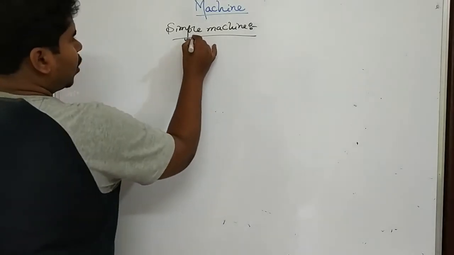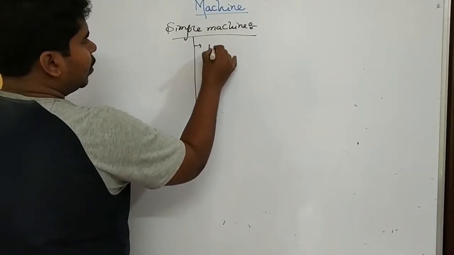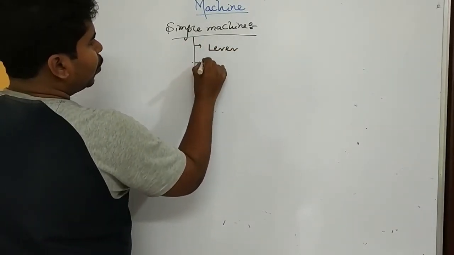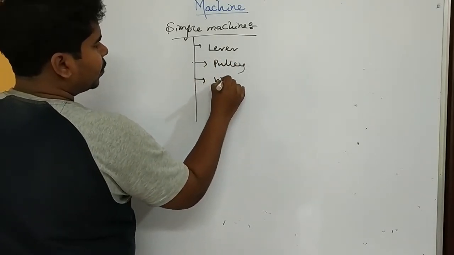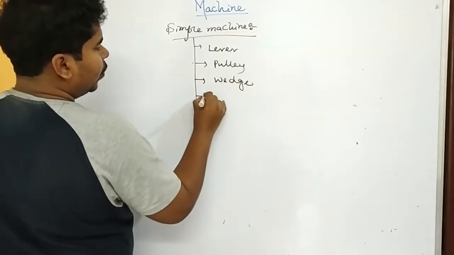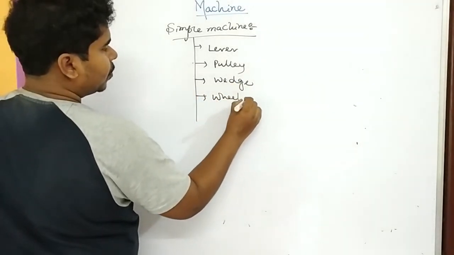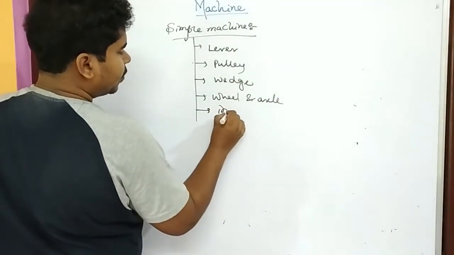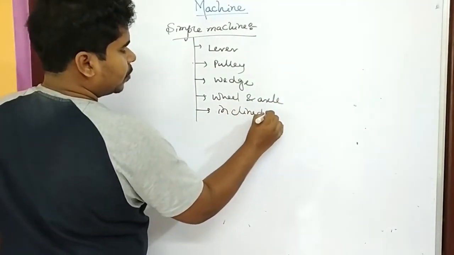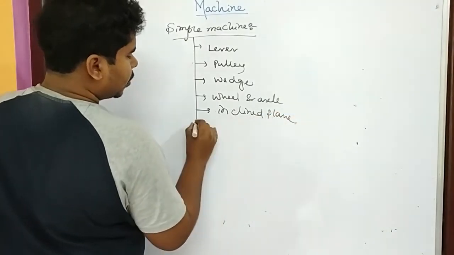There are 6 kinds of simple machines: lever, pulley, wedge, wheel and axle, inclined plane, and screw.